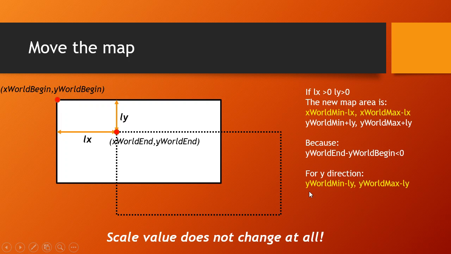So for the y direction, we will choose the expression, if we want to use the y world end value minus y world begin value, we change this expression and this expression to y world minimum minus Ly, y world maximum minus Ly.